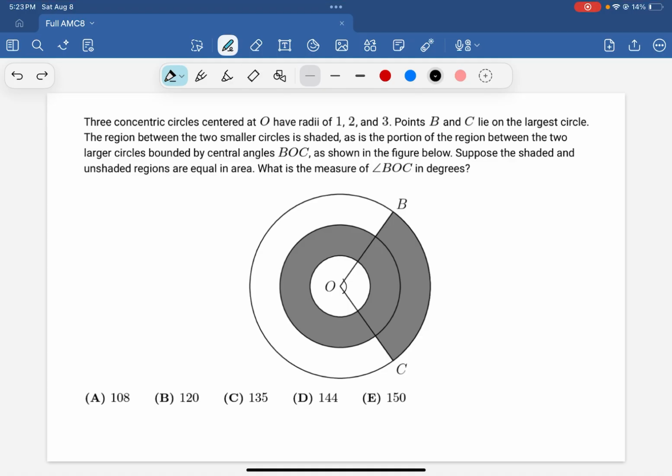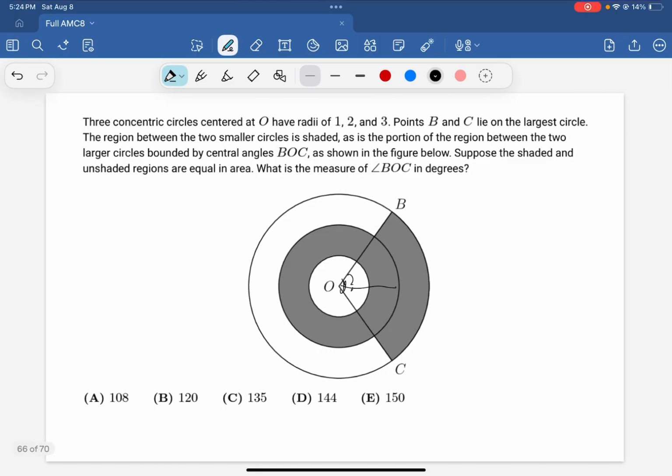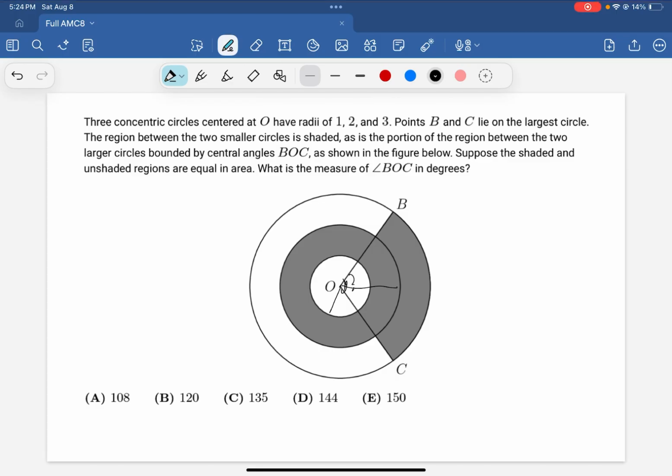So we want to find this angle. We can first find the area of this region. The radius of this circle is 2. The radius of this circle is 1. So the area of this is going to be the difference between the two areas.